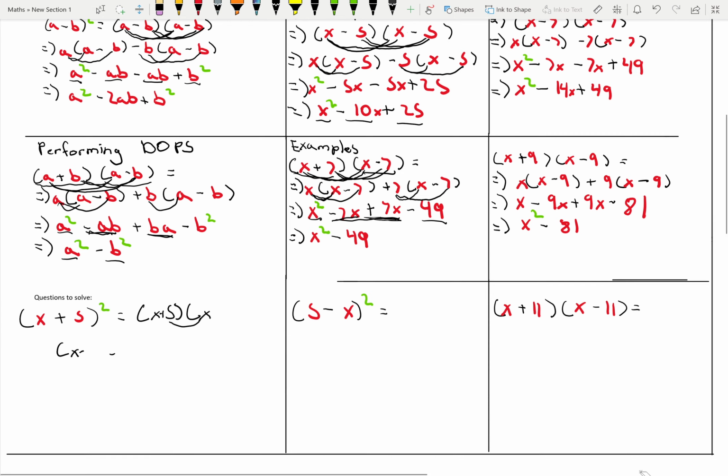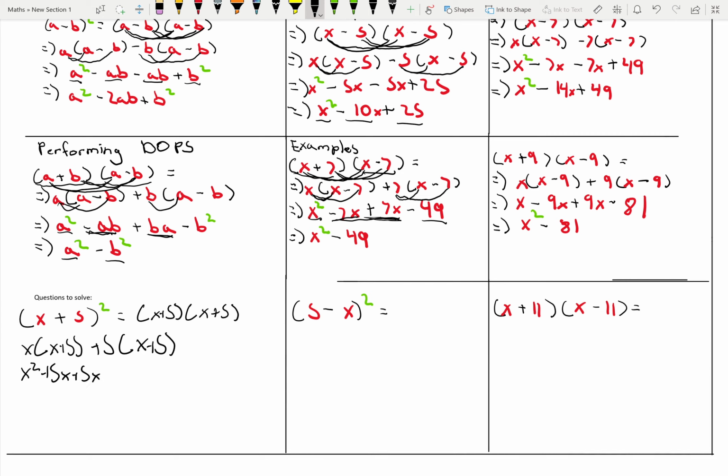X plus 5 squared should equal x plus 5 times x plus 5. Silly me. It shouldn't be x plus 5 times x minus 5. Anyway, so x times x plus 5 times x plus 5, and that would just equal x squared plus 5x plus 5x plus 25, which equals x squared plus 10x plus 25.